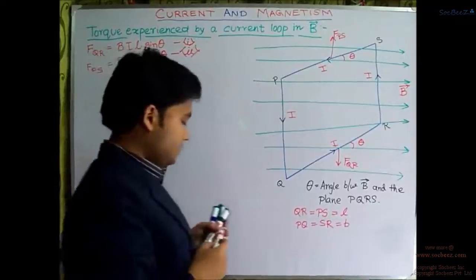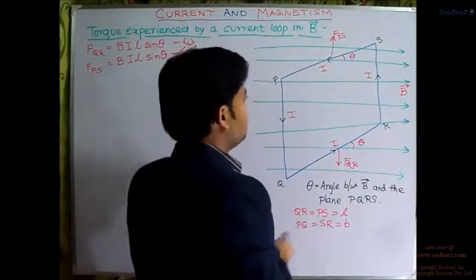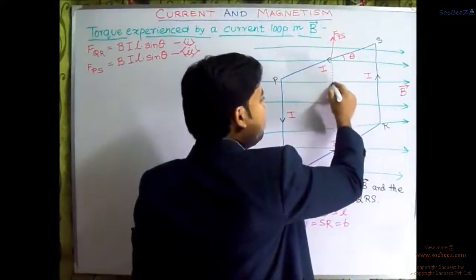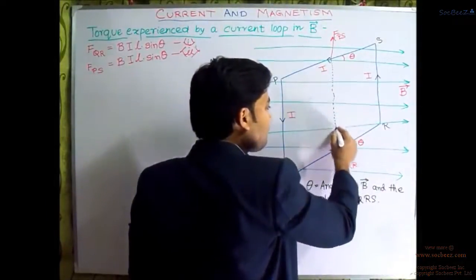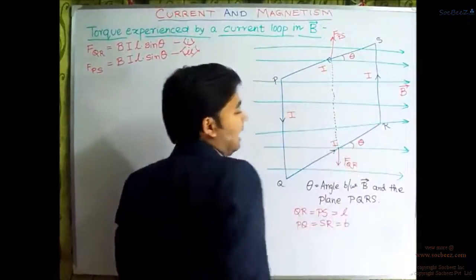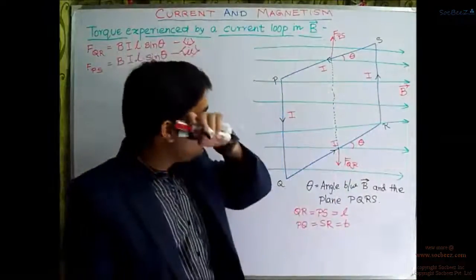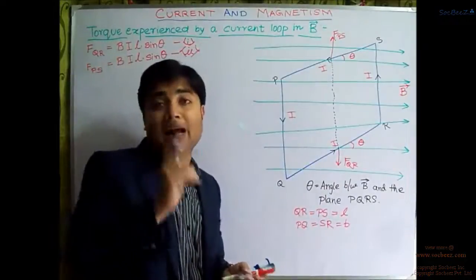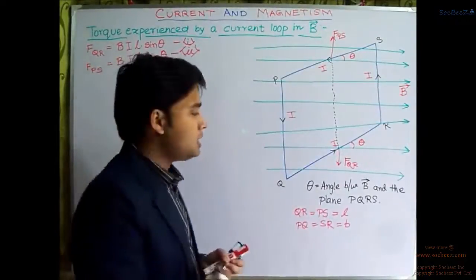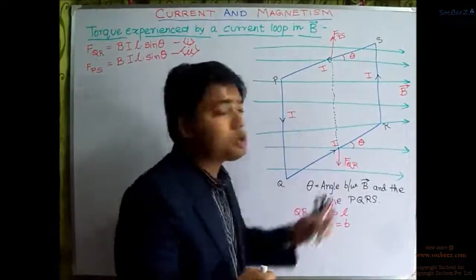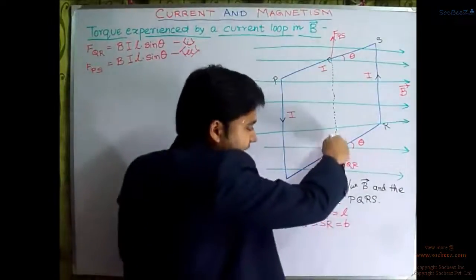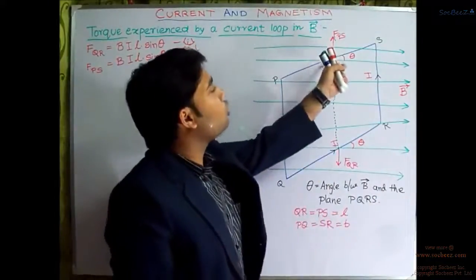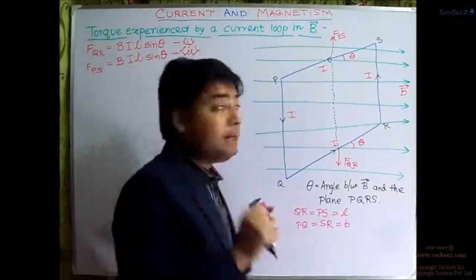Now closely observe that if we draw lines, we shall see that the force QR and the force PS actually lie on the same line. Say, for example, a force of 5 Newton is pulling it down and another is pushing it up by 5 Newton. Why?